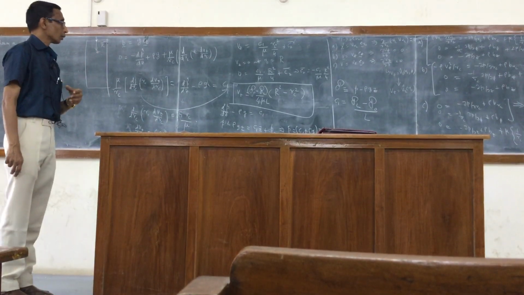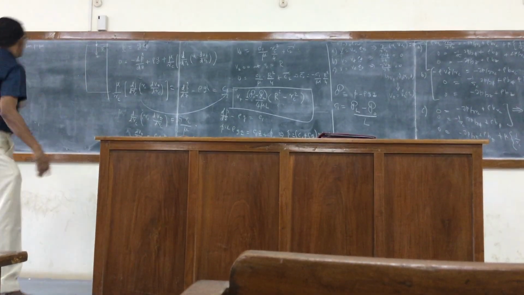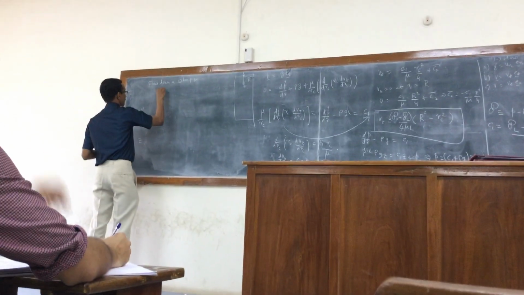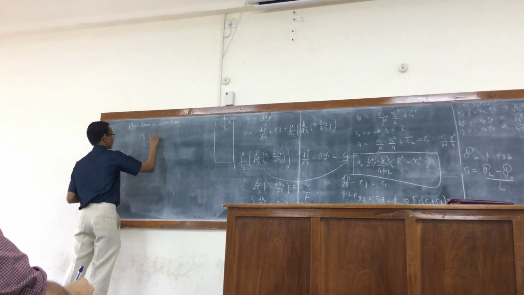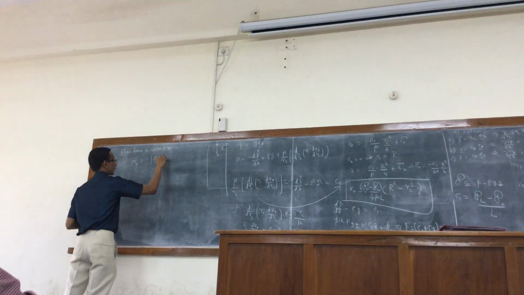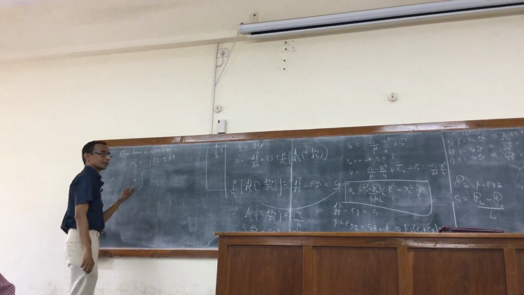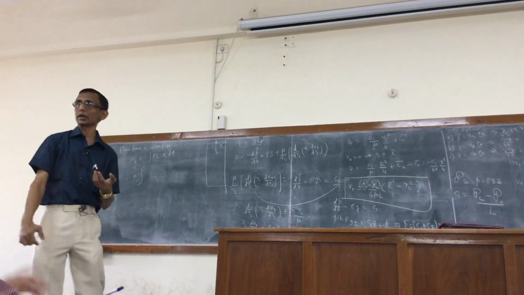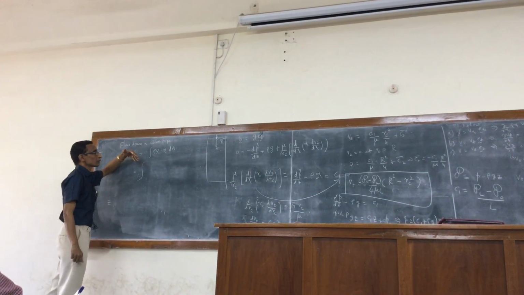Now the mass flow rate, by calling it m dot, is given by the integral of rho v dot n dA, and you can easily use the fact that it's a one-dimensional flow. You have to be careful.